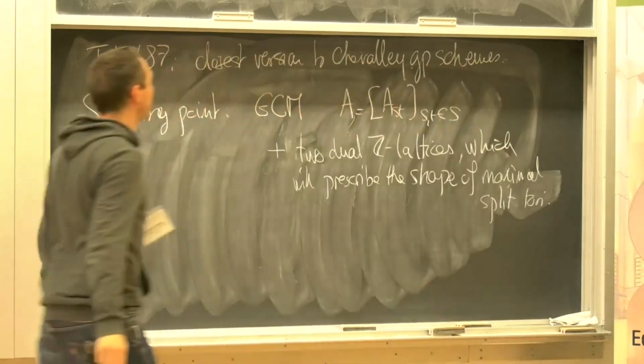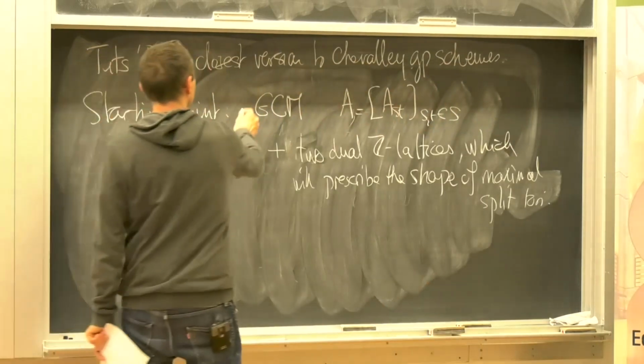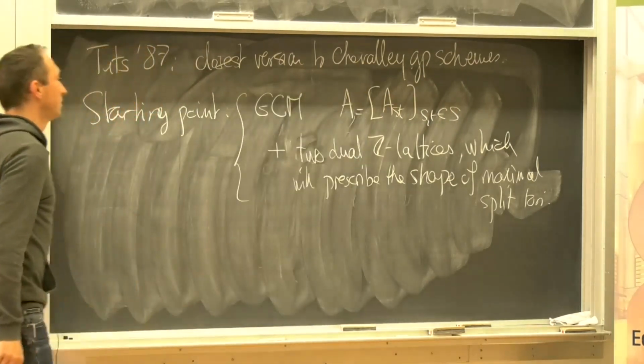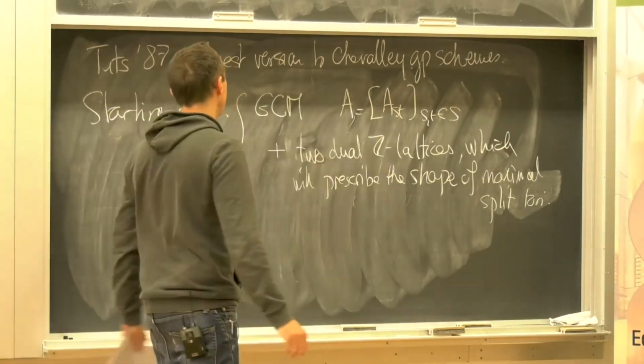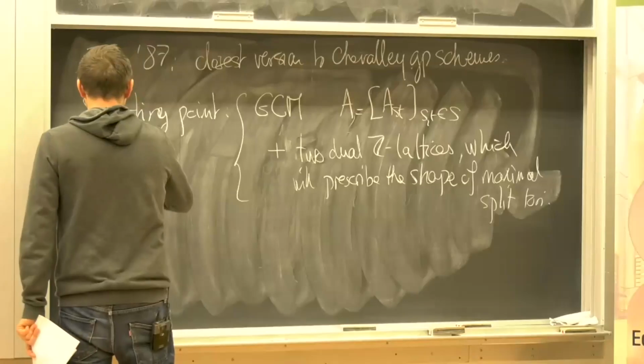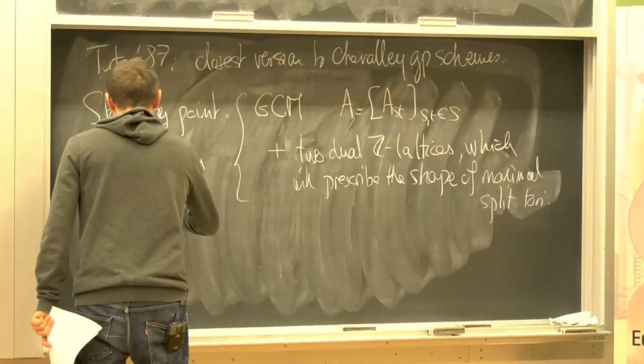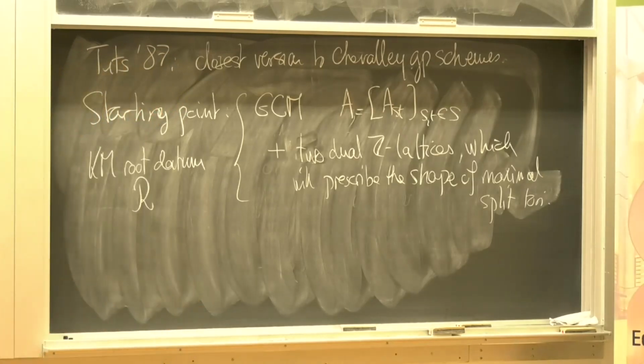And I won't be more specific, but this datum consisting of a generalized Cartan matrix and 2 Z lattices in duality will be called the Kac-Moody root datum. And let me provisionally write such a datum by this curly R.